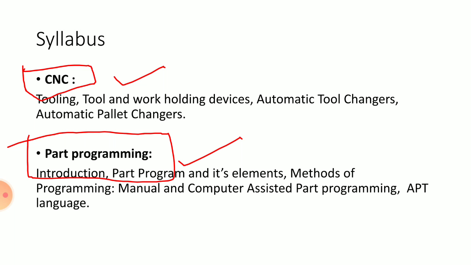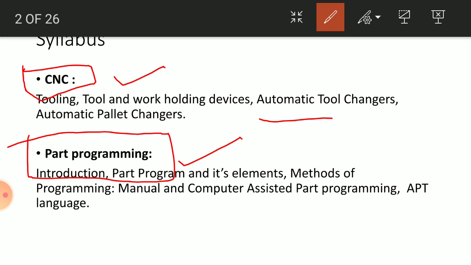So don't worry about how we are going to cover it. This is a small unit, we can say, but the scope of this is very large. Applications are very large in industry. So we are going to cover one by one how the work and tool holding devices work, how the automatic tool changers work, and what the automatic pallet changers are.